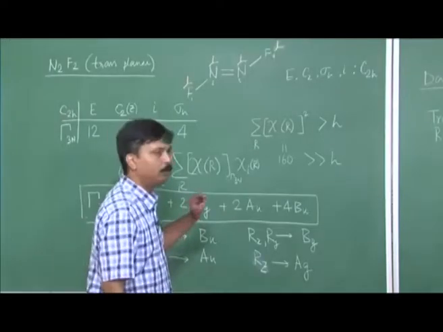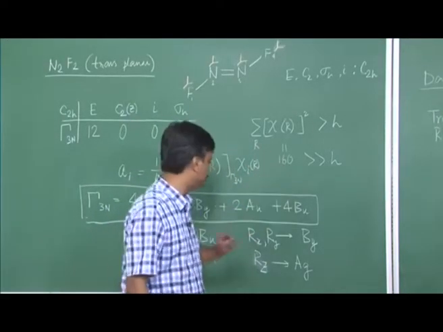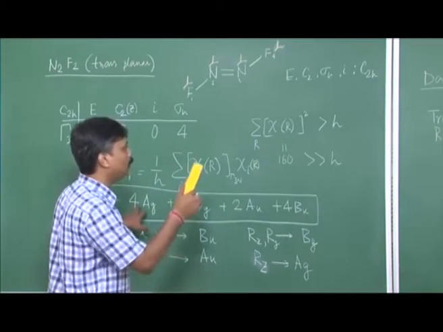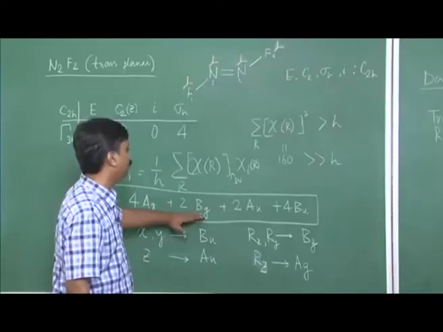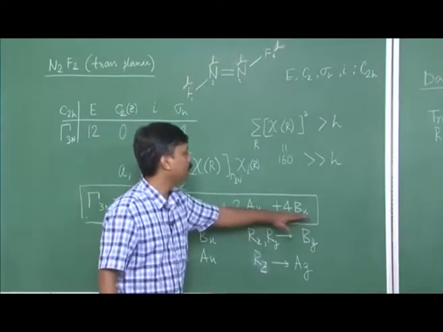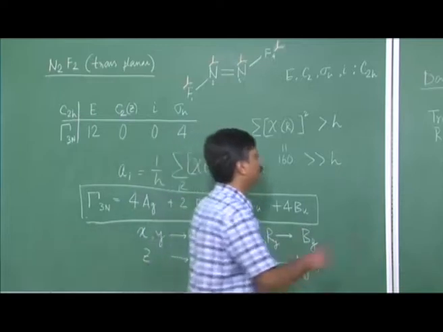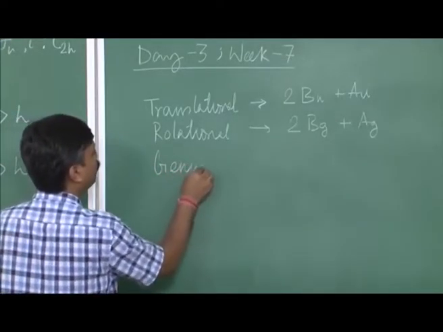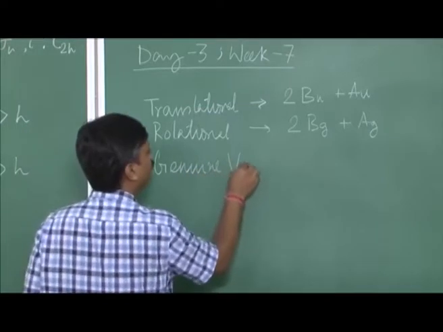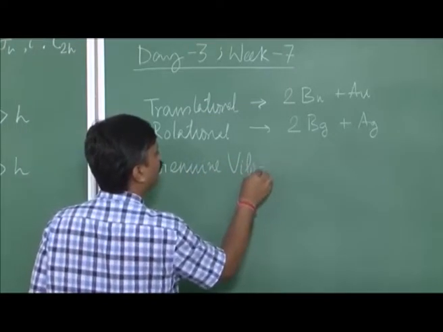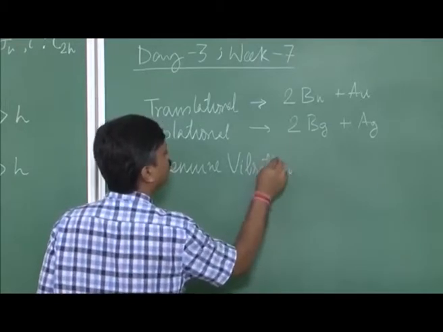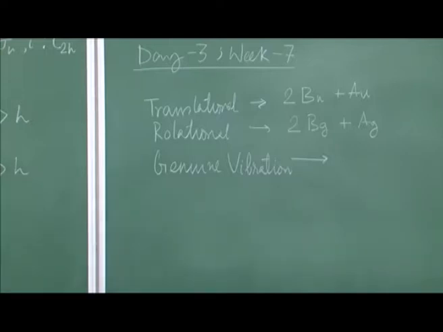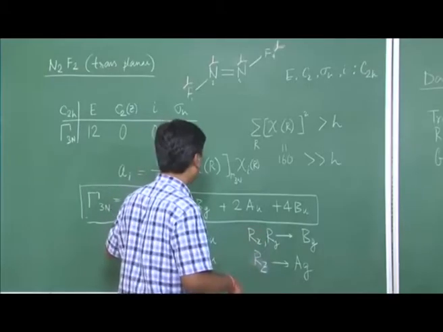Now I have to remove these contributions from this total list. So the genuine vibration refers to the following. Ag occurs one time there. So from 4 I remove 1.